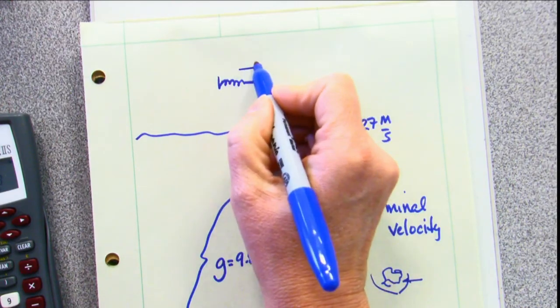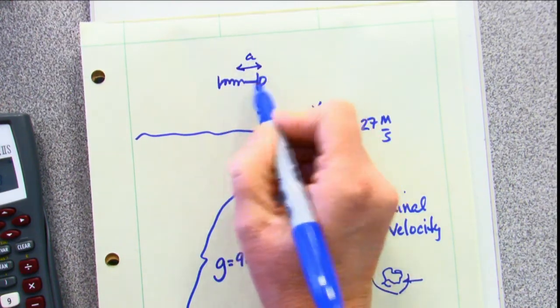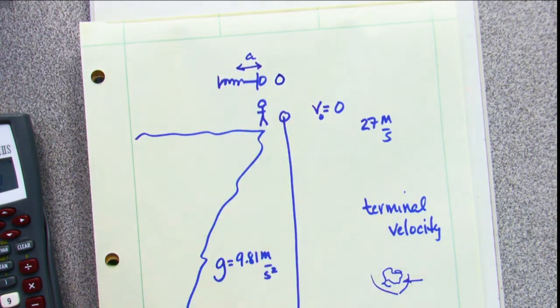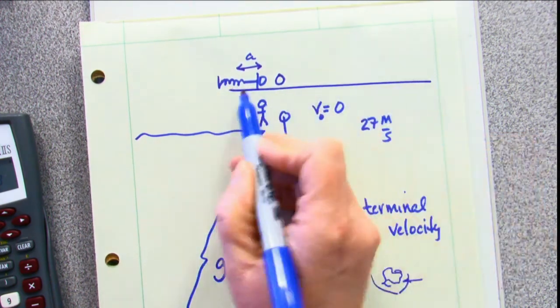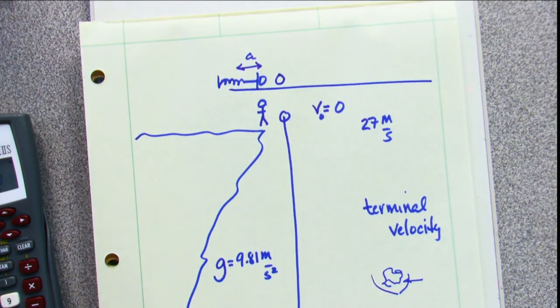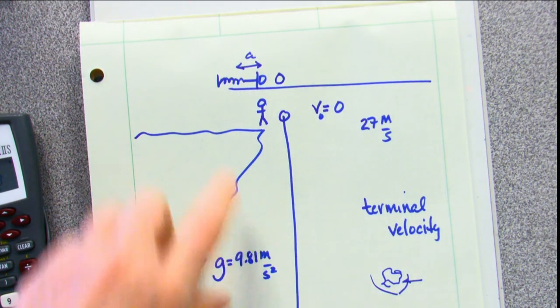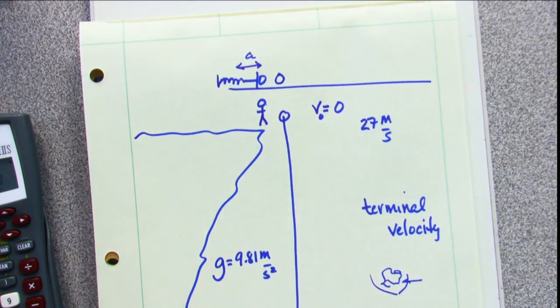If there's an acceleration from here to here, once the ball leaves the plunger there's no more acceleration in the X direction. There's nothing that's going to cause more acceleration. So when we look at these problems, we may have to break them apart. We also may have to look at what they're asking.